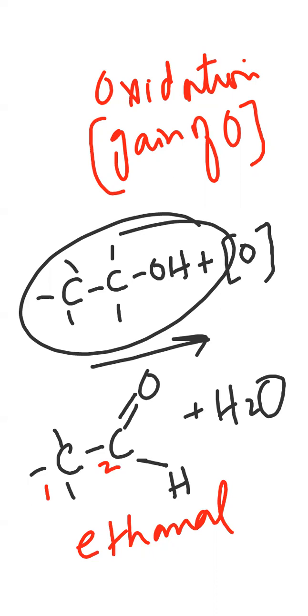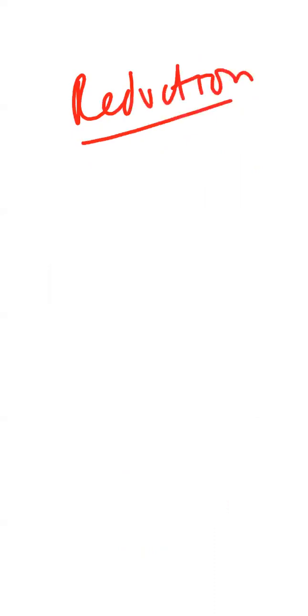Now the reduction reaction. See the reduction reaction. This is your past paper reaction. Reduction means gain of hydrogen. This is a part of your past paper. The reaction which I'm telling you is from your past paper. This is CH3CHO.